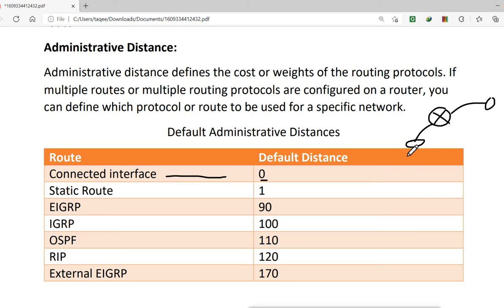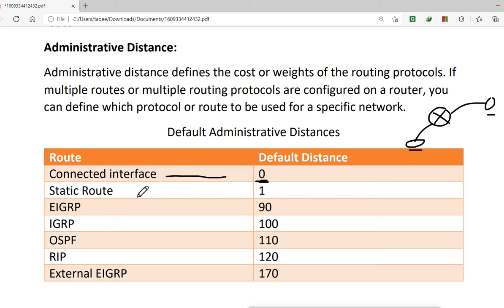For example, we have 10.0.0.1 here. So network 10 is connected through the FastEthernet port. Network 20 is connected through the serial interface. So for both these networks, the administrative value will be 0. This AD value will be 0. AD value means administrative distance value.